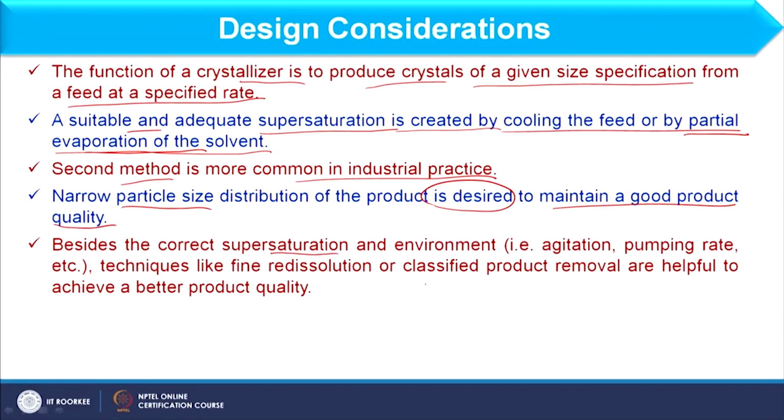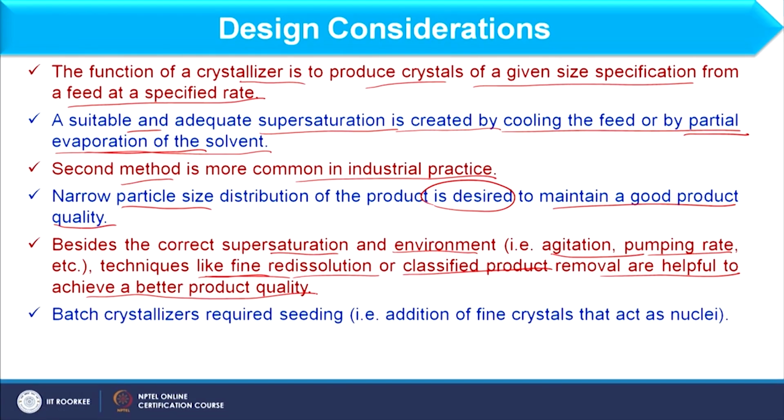Besides the correct supersaturation and environment, that is basically agitation, pumping rate, etc., techniques like fine redissolution or classified product removal are helpful to achieve a better quality product. Okay. All these points we should consider in the design of a crystallizer.